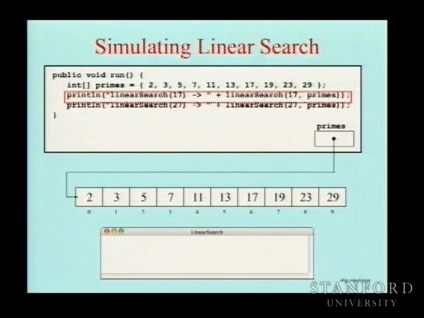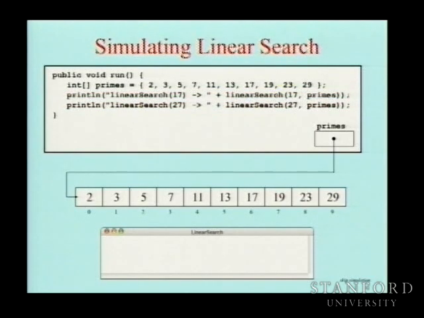Okay. So here's a simulation of how that would work, although leaving nothing to the imagination here, this is pretty easy to envision. So we have this array of primes, and it has 17 in it, so we are going to expect to find that. This linear search shouldn't return -1. But the second one, we're looking for 27, which looks prime, but of course it's not, because it's 9 times 3.